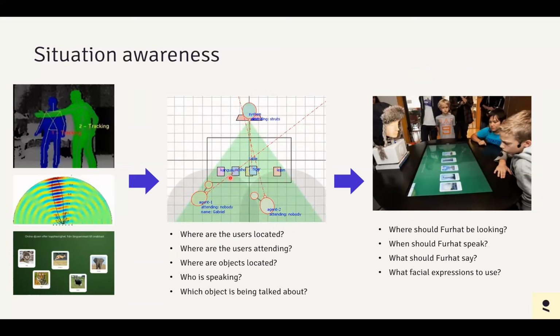Are people talking to each other, or are they addressing the robot? It also helps us to direct the robot's neck and face and gaze, so that we can get this kind of eye contact between the robot and the user.